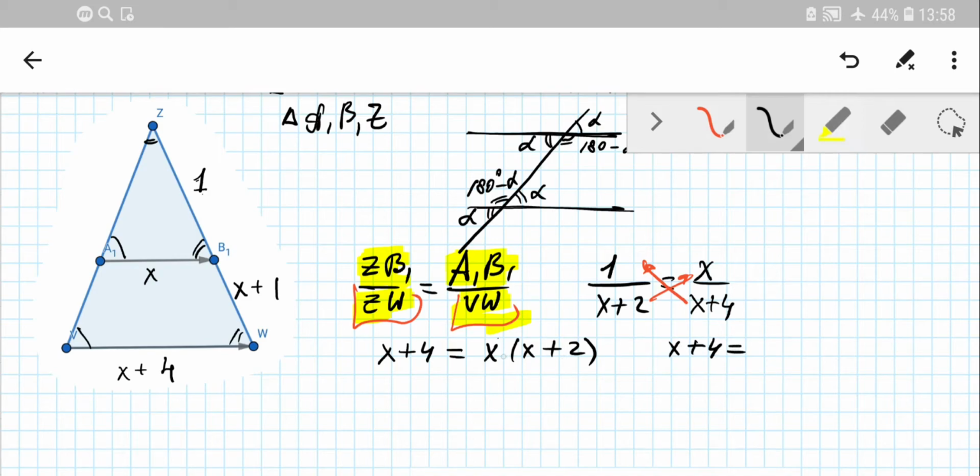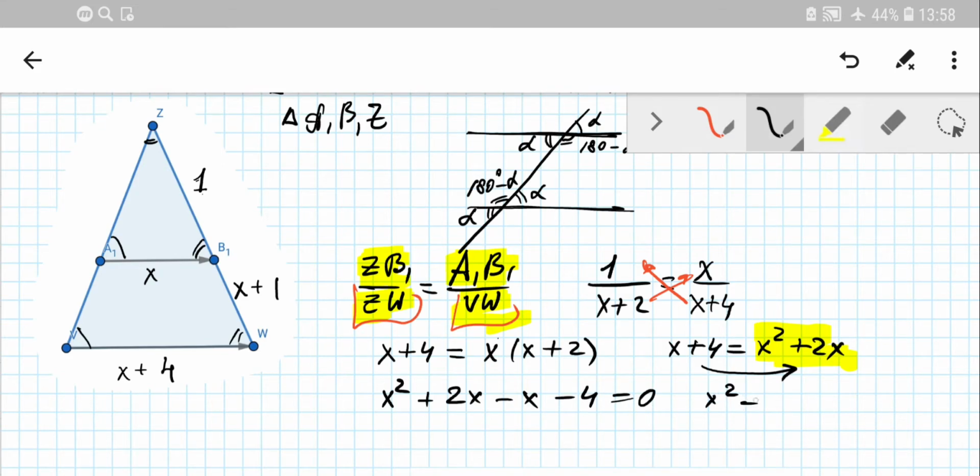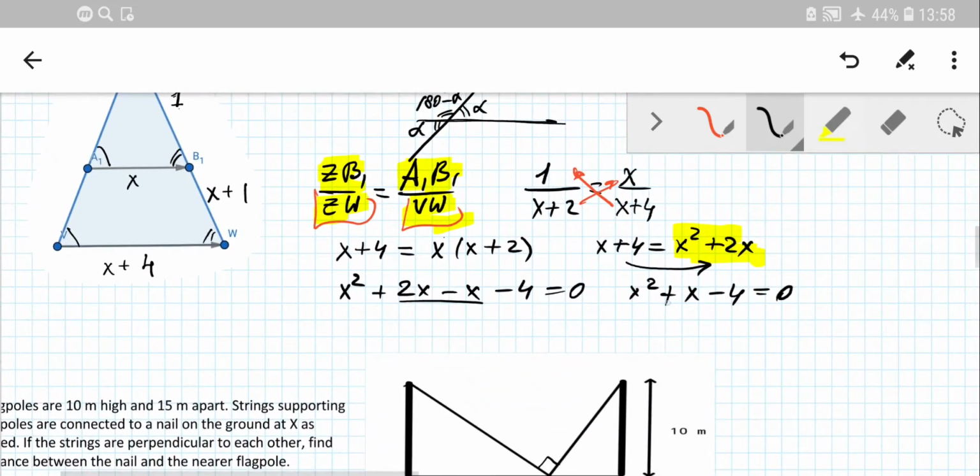Then we expand the brackets, so x squared plus 2x. We transfer x plus 4 to the right side, so we have x squared plus 2x minus x minus 4. Then we simplify to get a quadratic equation in standard form. 2x minus x simply leads us to x squared plus x minus 4.